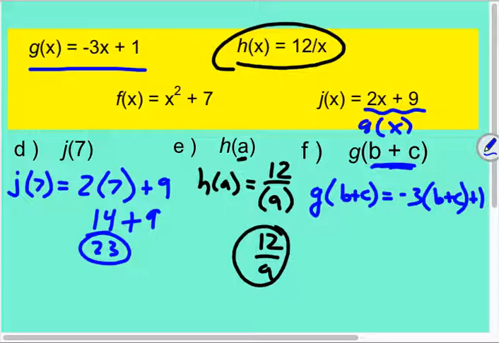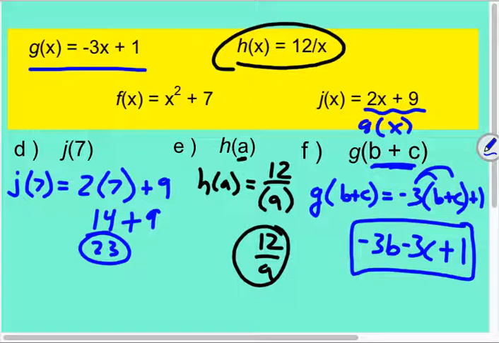So just simplify it, and that's your output. Distributing this negative 3, I get negative 3b minus 3c plus 1. And that's it. We didn't have to square anything. Just distribute and then simplify. I can't combine either one of these terms, so I'd leave it as that, negative 3b minus 3c plus 1.